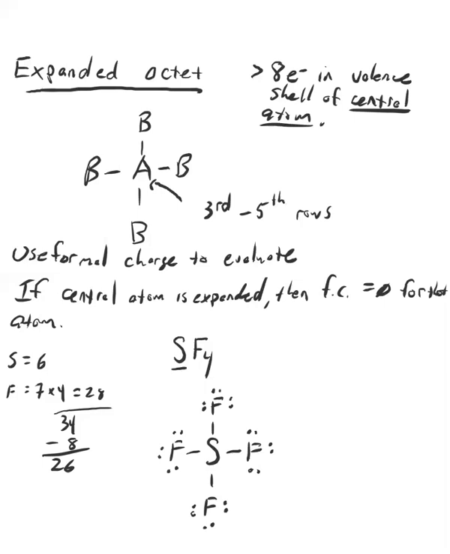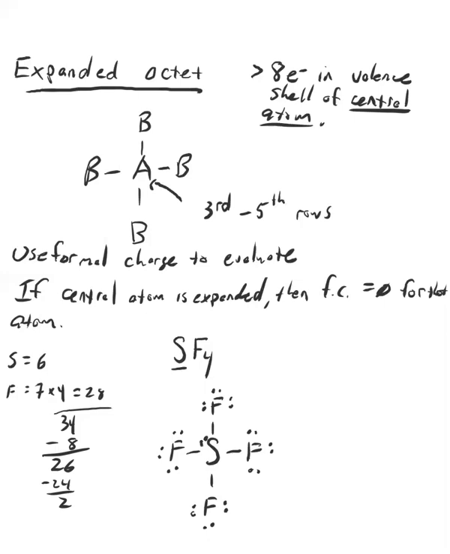So what has happened? We've now used 24, right? 6, 6, 6, 6 is 24. We got 2 left. Can't put them on the surrounding atoms, so we put them on the central atom, just like we've done before. You can put them at the top, you could put them at the bottom, but you just got to have them in between those bonds, okay?